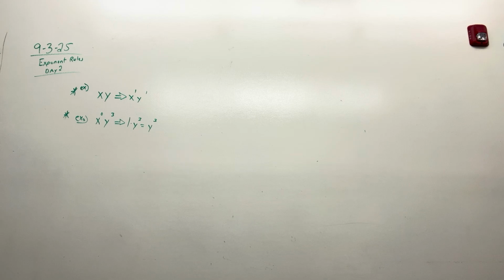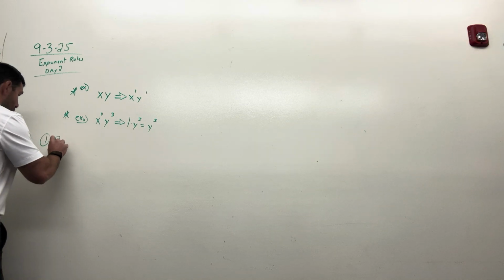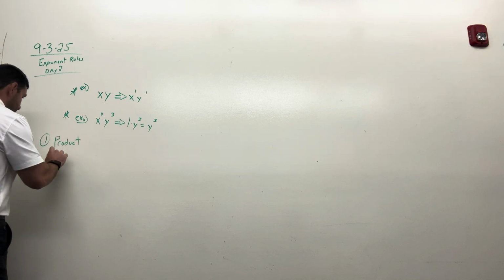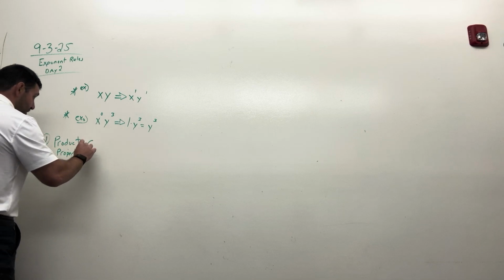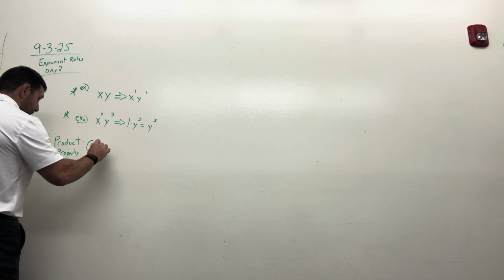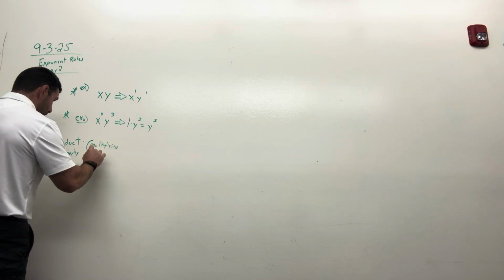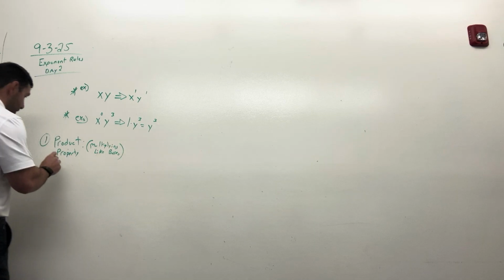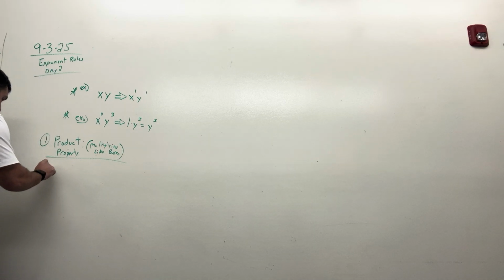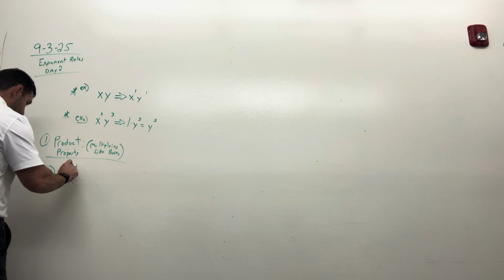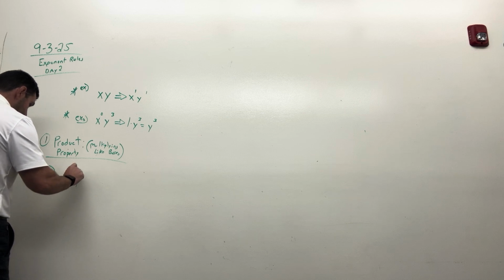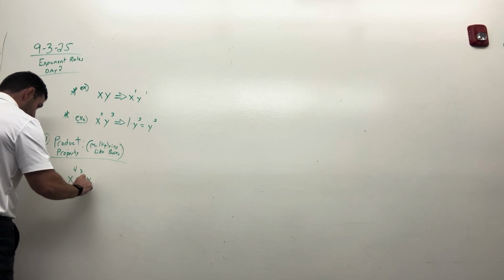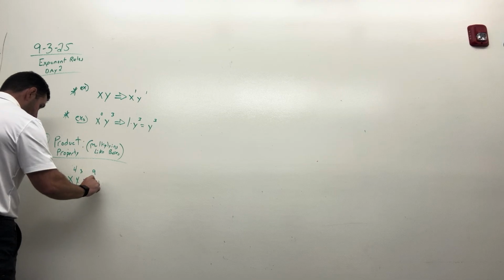Okay. So our first rule for exponents was the product property, which I said was multiplying like bases. Okay, and an example was x to the 4th, y to the 3rd, times x to the 9th, y to the 7th.